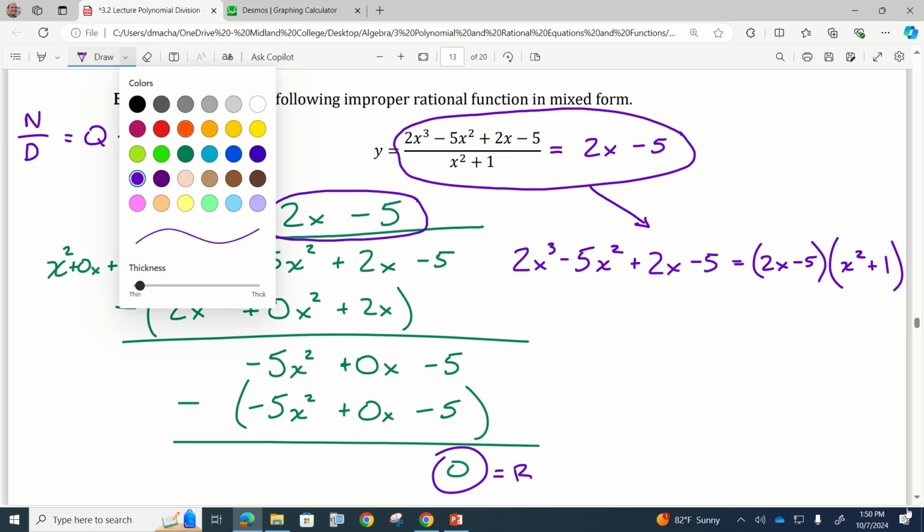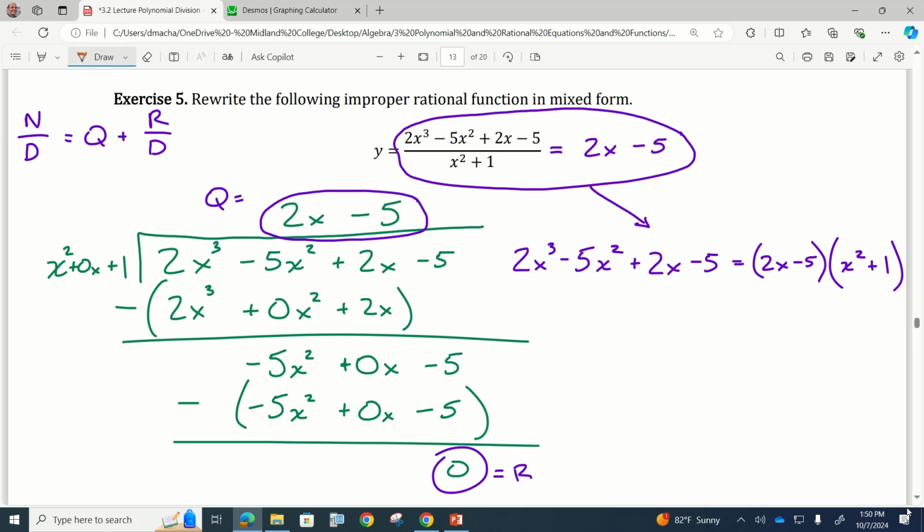And that means that this x squared plus 1, that's a factor of my cubic polynomial in the numerator.